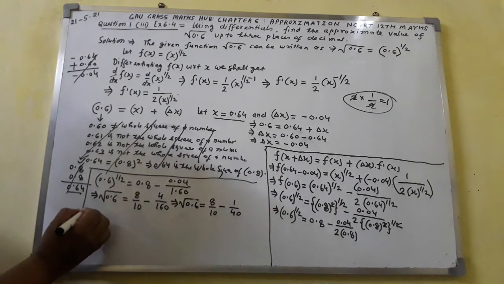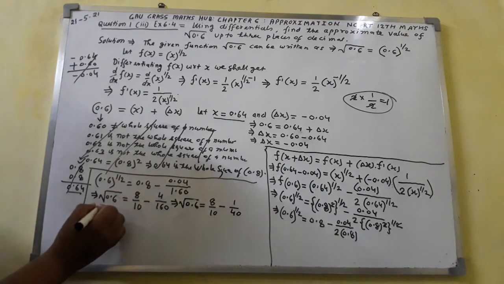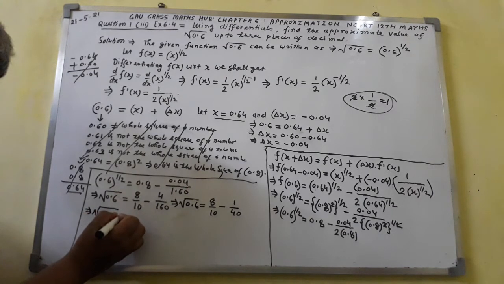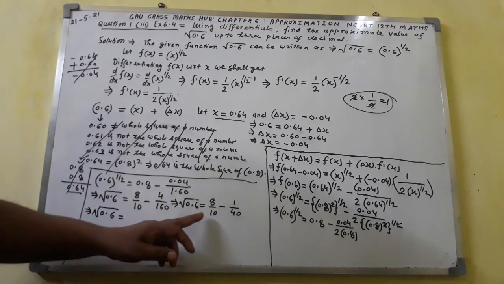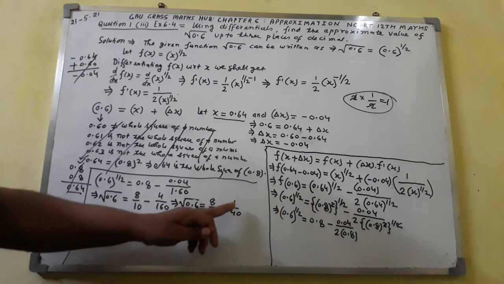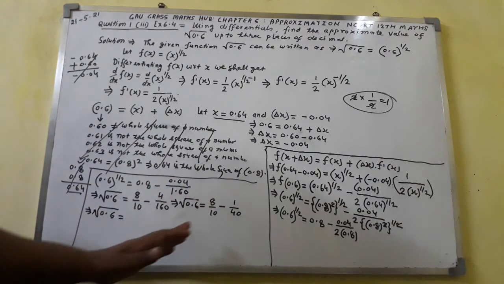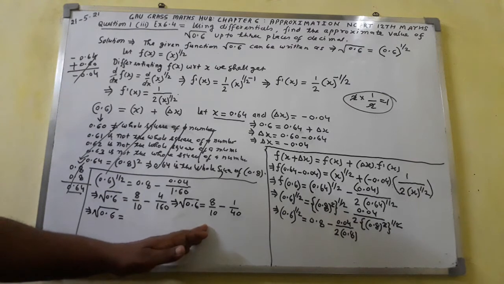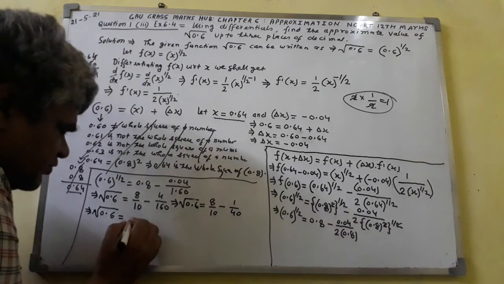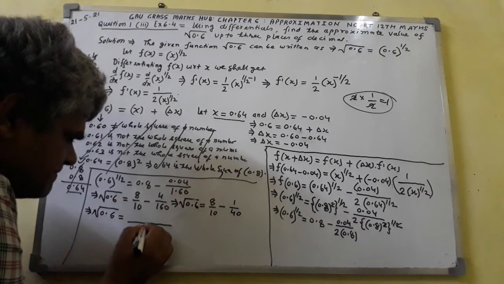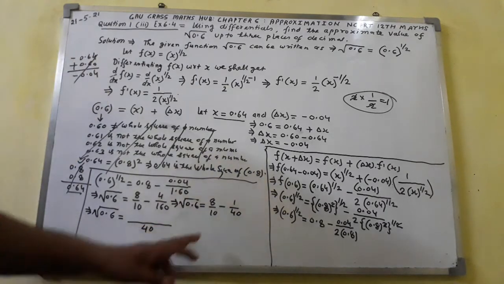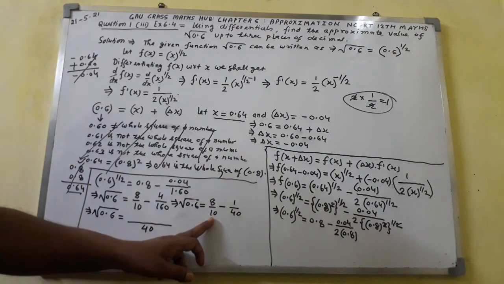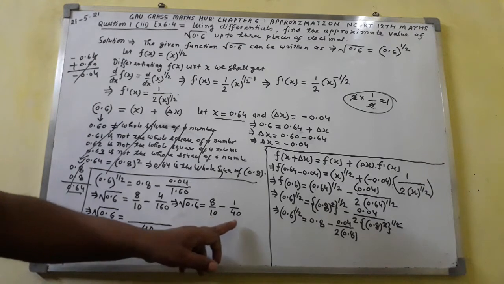Now again I shall write under root 0.6 equal to 8 over 10 minus 1 over 40. Take LCM of 10 and 40. You will get here 40. Here in denominator 10 will multiply by 4 in order to get 40.